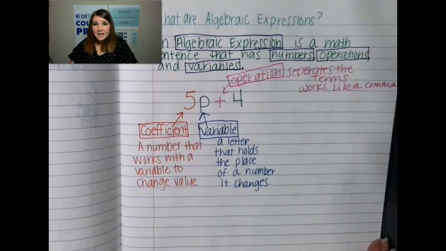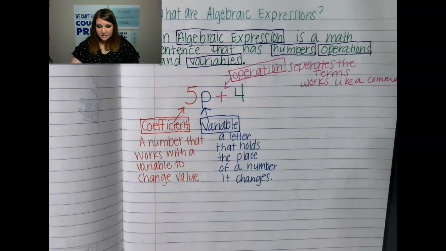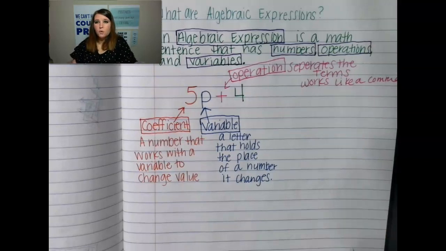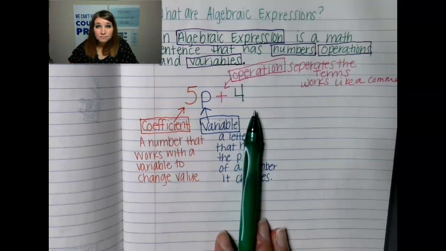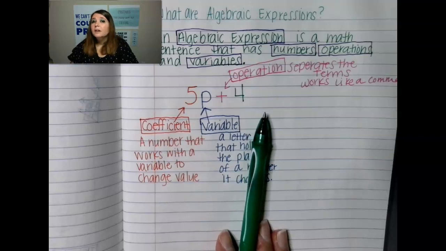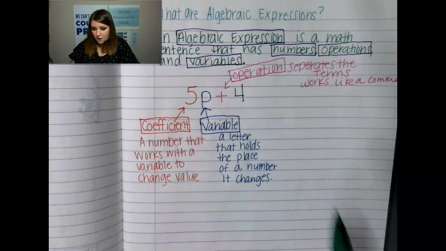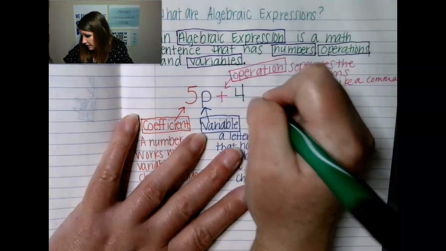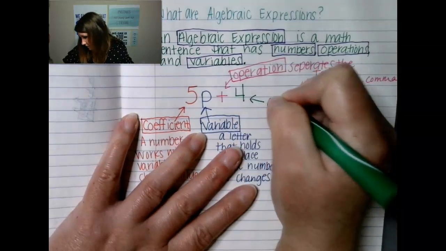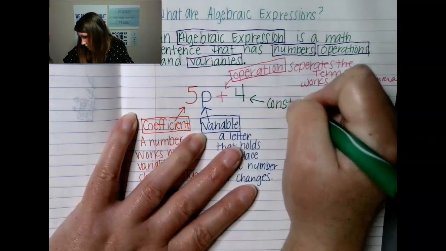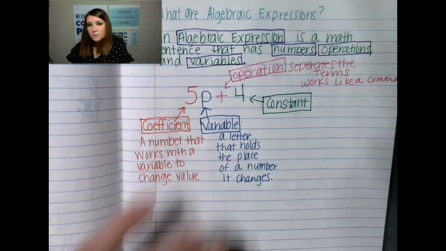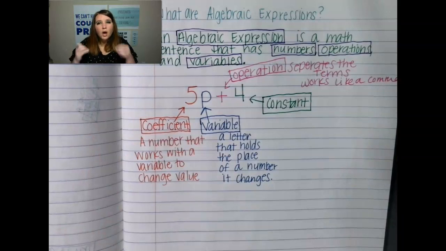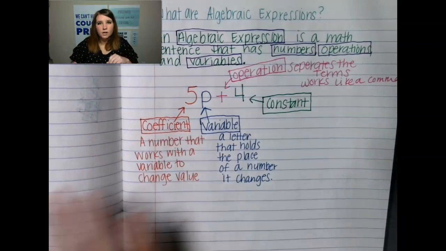Okay, and last but not least, we have this 4. This 4 is not just called a number anymore. I know. What are we doing to you? This 4 is called a constant because it constantly is a 4.